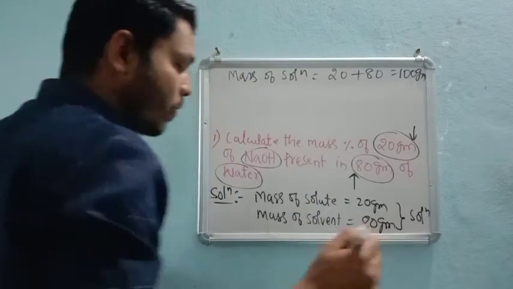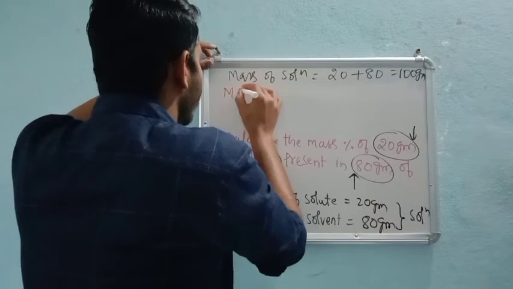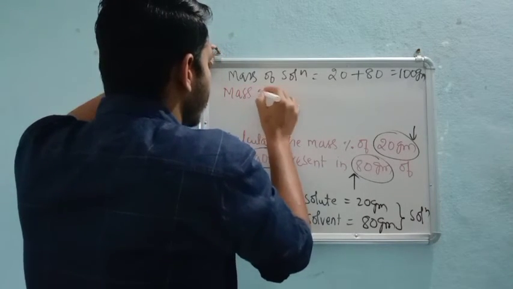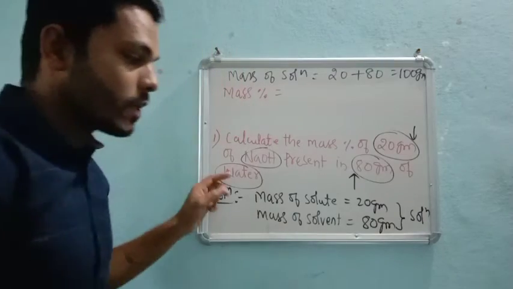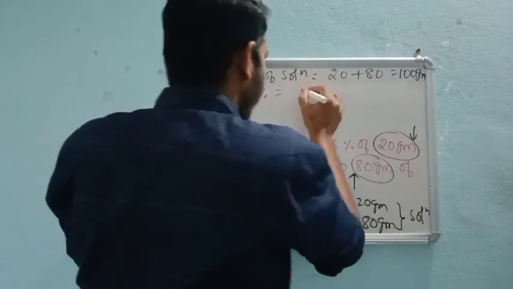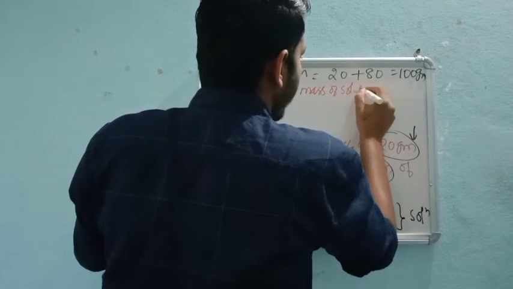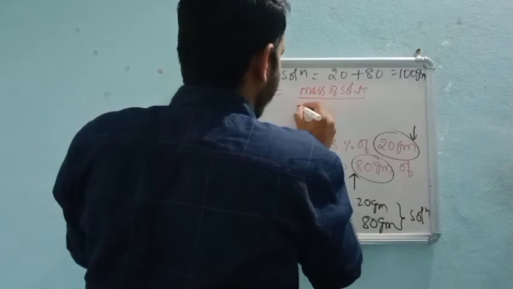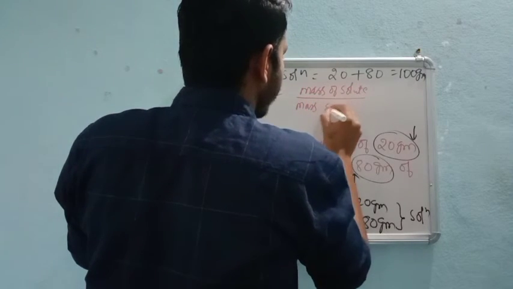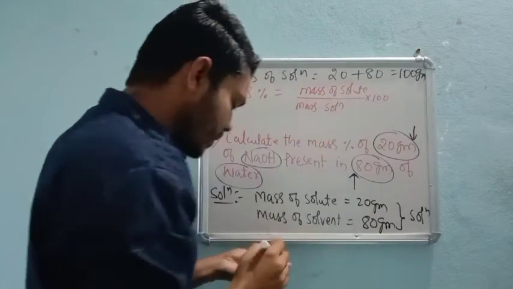Now go for the mass percentage. Mass percentage is equal to mass of solute divided by mass of solution into 100.